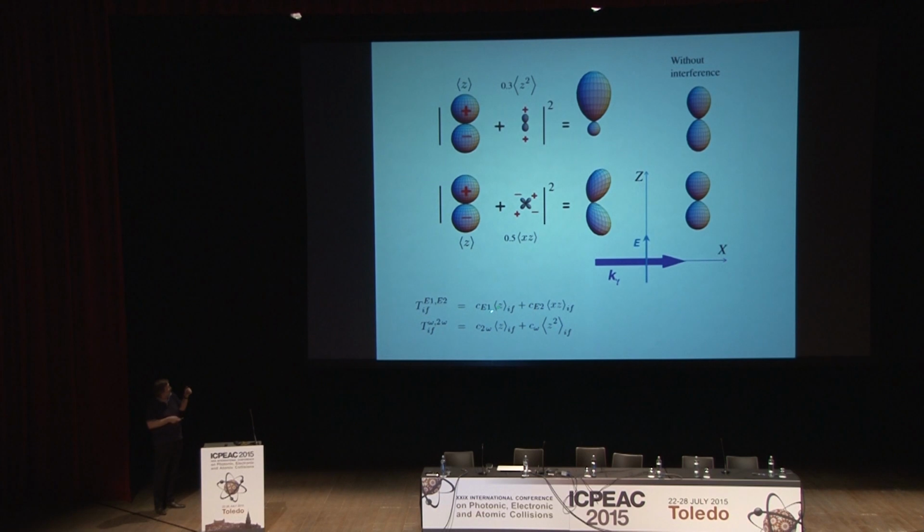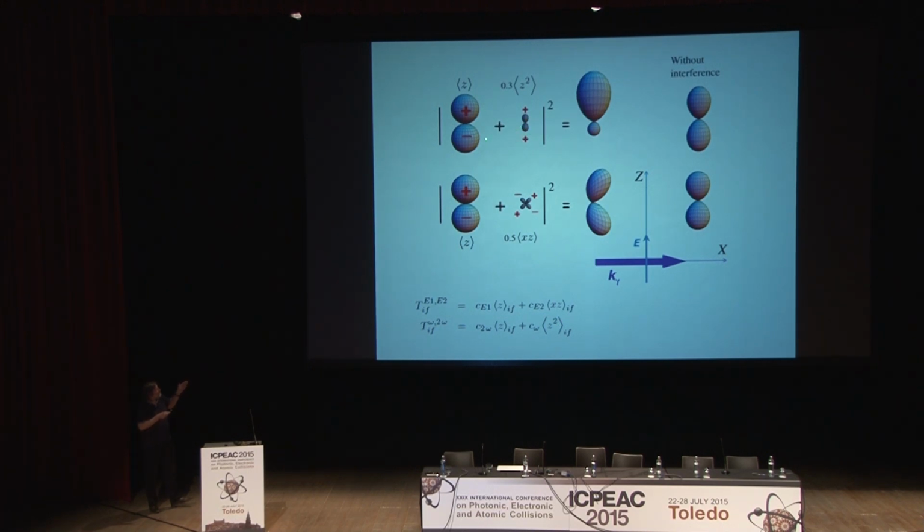And how does it work in the case of omega to omega interference? Now we can make the same trick. The second harmonic is just in cosine, and the first harmonic gives us the second-order transition. This is z squared.